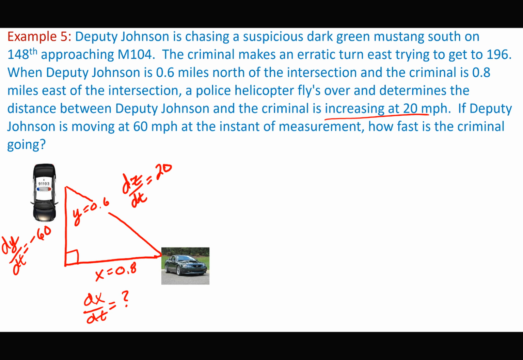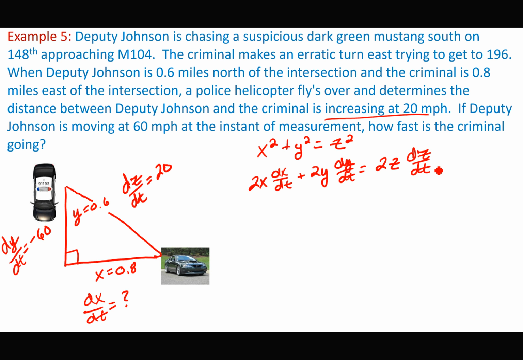Okay, so let's go with that. X squared plus Y squared equals Z squared. So just like the first problem, 2x dx dt plus 2y dy dt would be 2z dz dt.